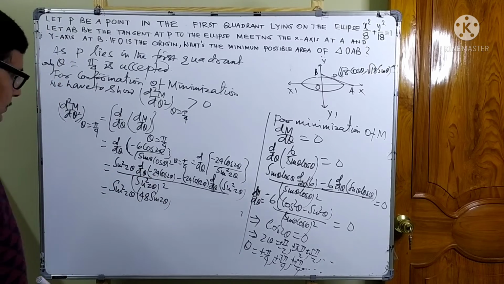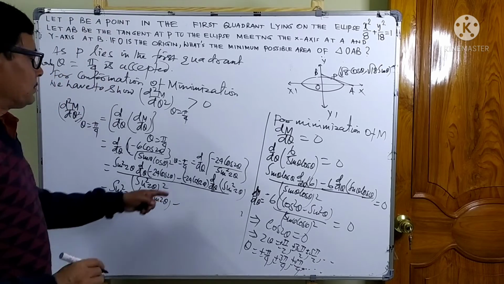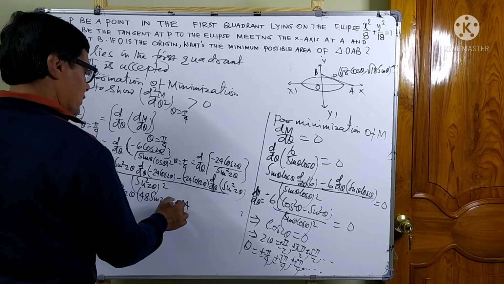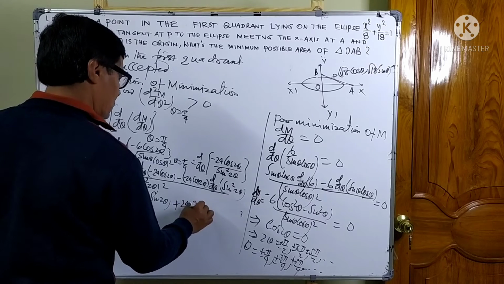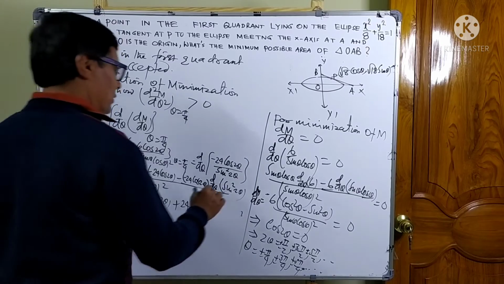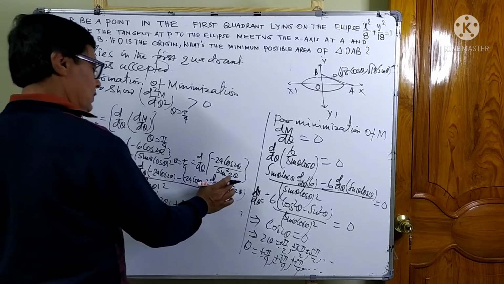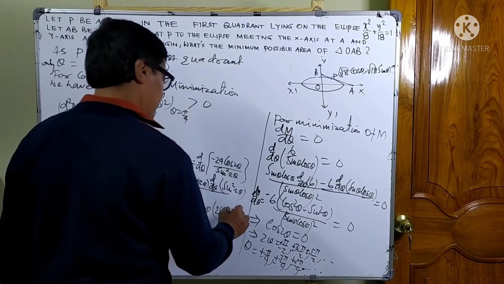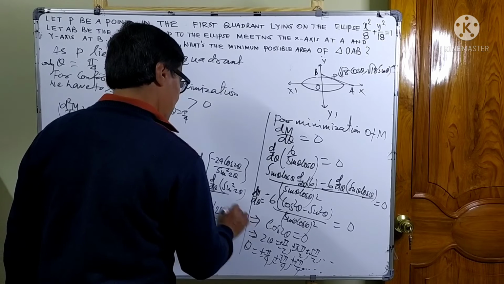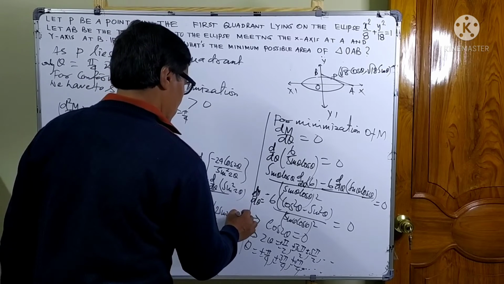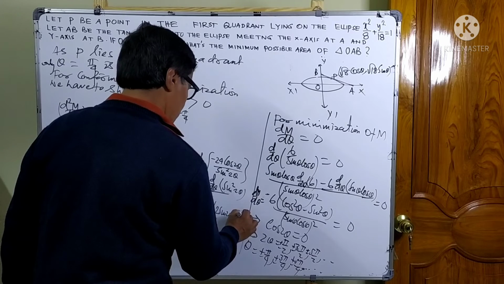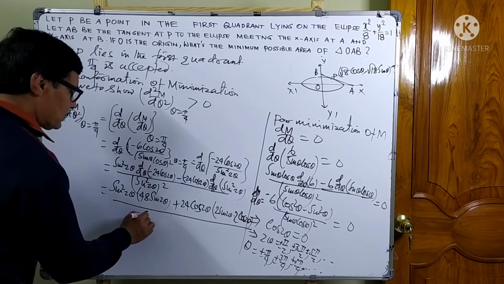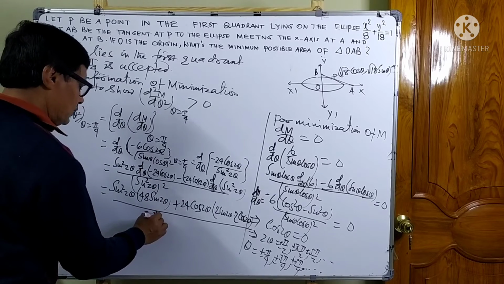Then minus, the numerator is minus 24 cos 2 theta, so minus times minus gives plus 24 cos 2 theta, multiplied by the derivative of denominator, which is 2 sin 2 theta multiplied by this 2 cos 2 theta, over sin square 2 theta whole square, that is sin 4 2 theta.